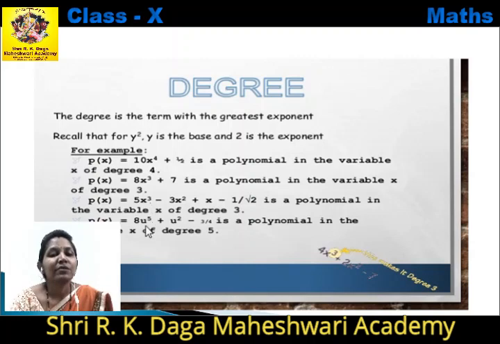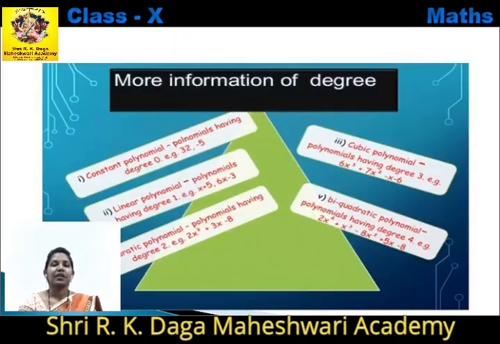In this example you can see 8u to the power 5 plus u square minus 3 by 4. It is also a polynomial in variable u and the highest power of u is 5. So the degree of this polynomial is 5. Now, more information on degree.